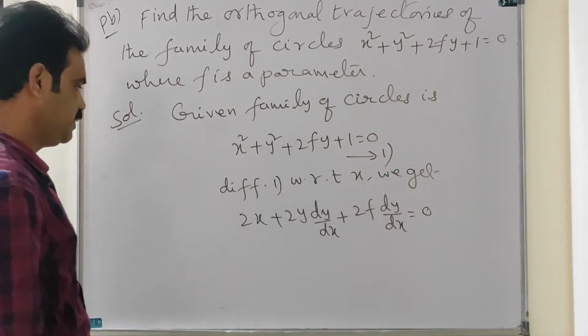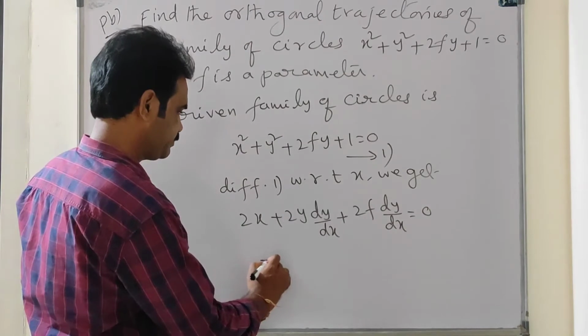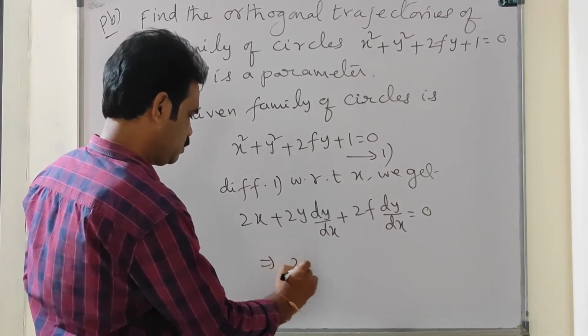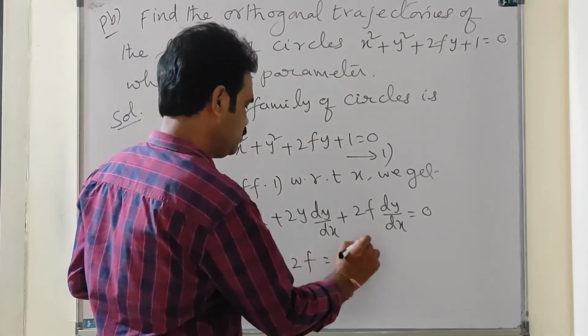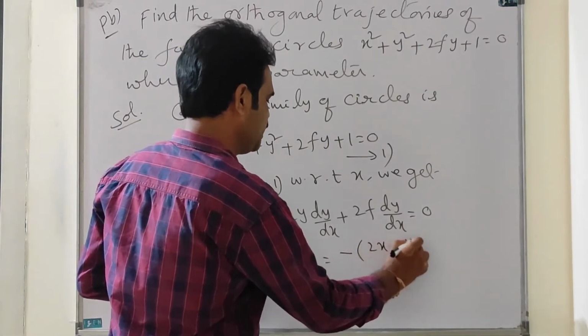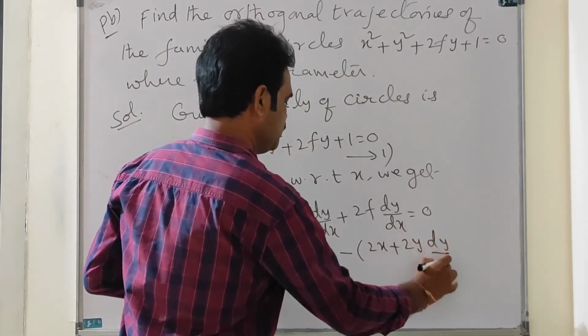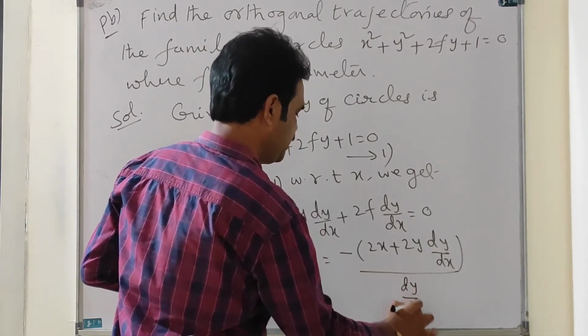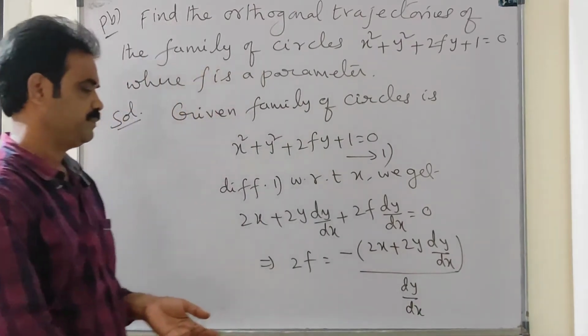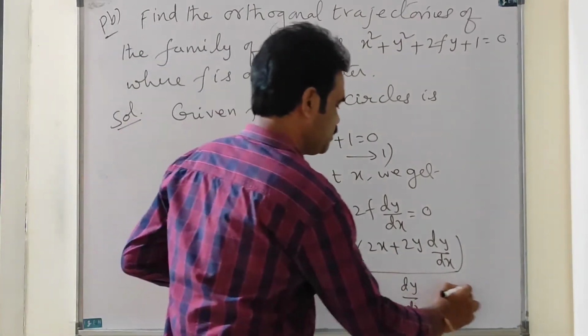This implies 2f equals minus of 2x plus 2y dy by dx, all divided by dy by dx. That will be equation 2.